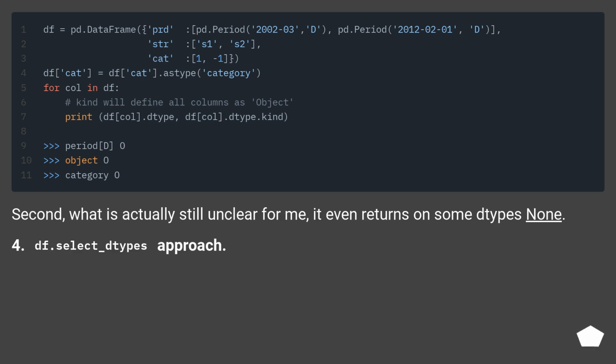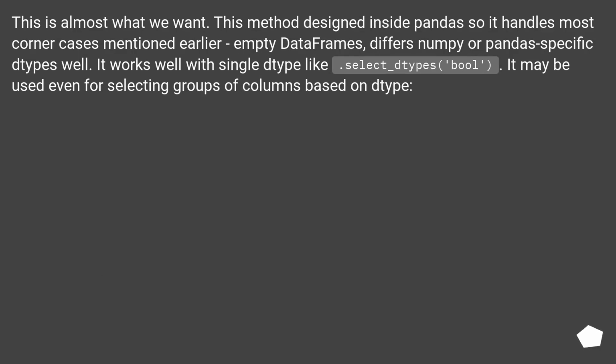Four. The df.select_dtypes approach. This is almost what we want. This method is designed inside pandas, so it handles most corner cases mentioned earlier, such as empty data frames, and differentiates NumPy or pandas-specific dtypes well. It works well with a single dtype like .select_dtypes bool.